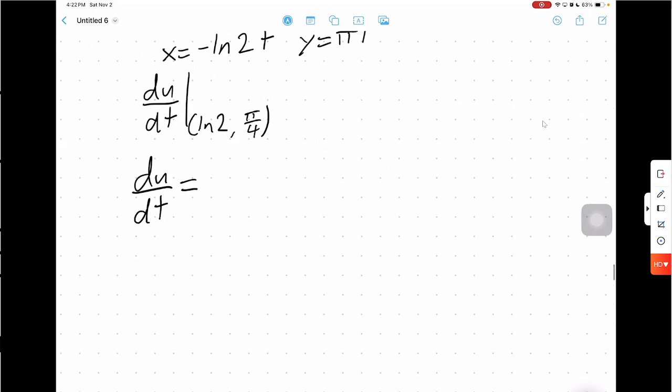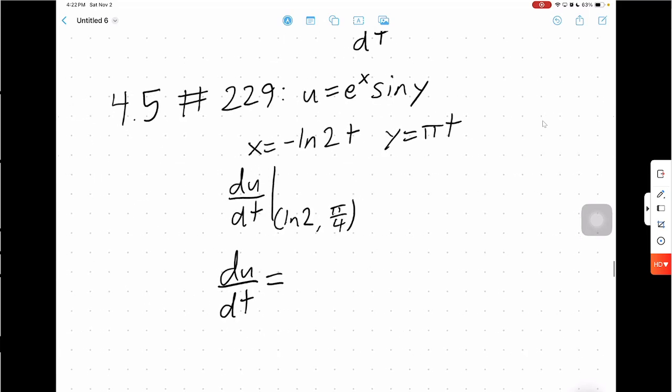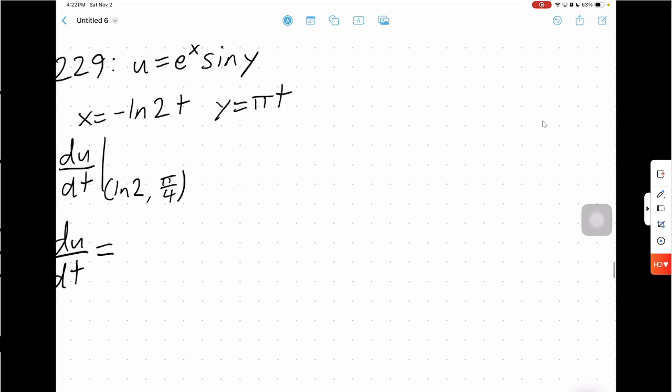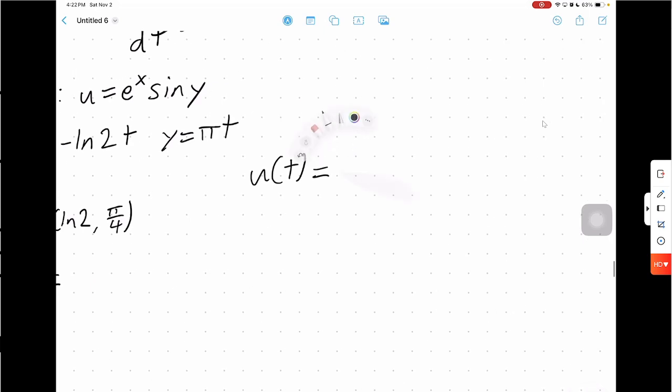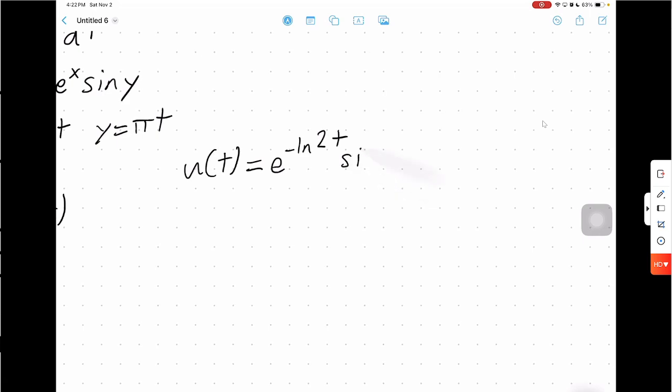So du over dt. Yeah, we're gonna use the chain rule, or you can just parameterize u as a function of t, which I think is going to be the better option. So e to the negative ln of 2t, and then sine of pi t.